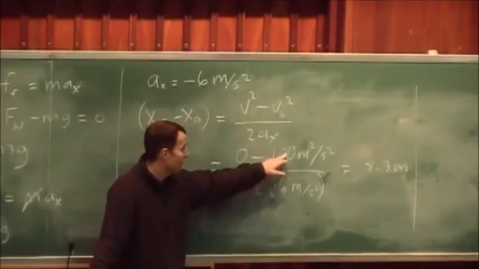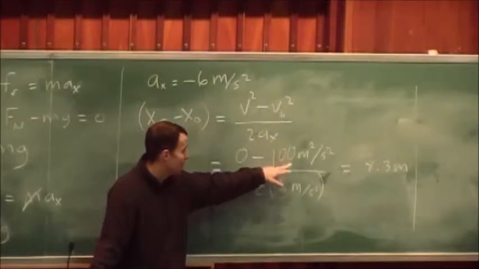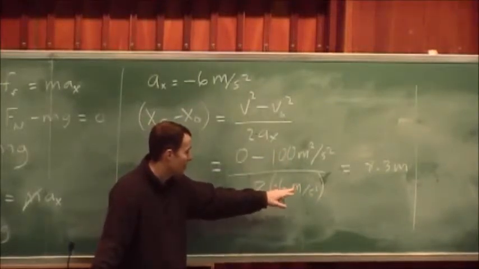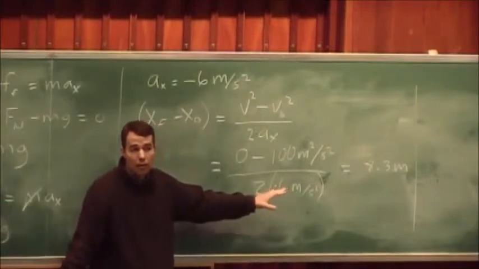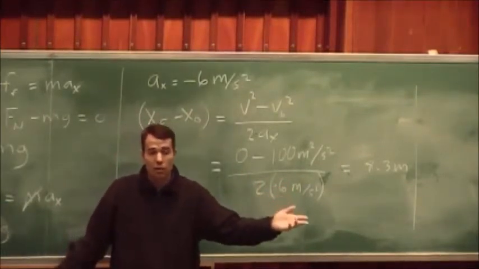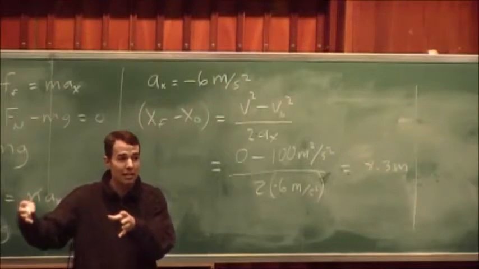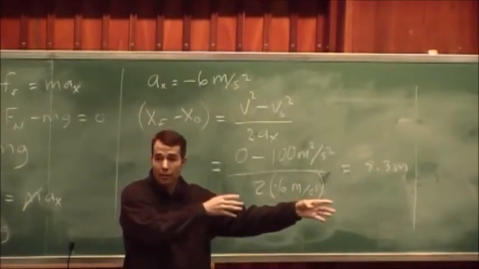And so now we're going to get roughly minus 100 meters squared per second squared over 2, which is about 50 meters. So it's only going 10 meters per second, but it takes 50 meters to stop.